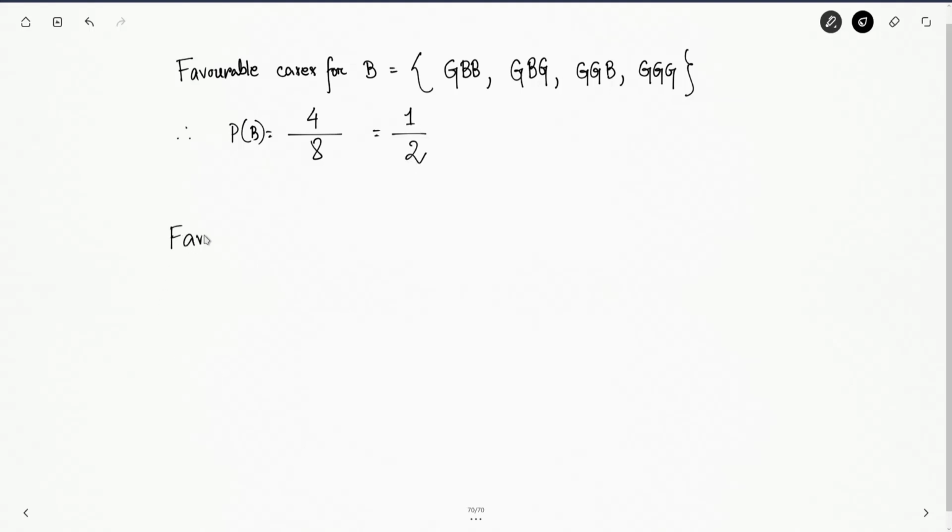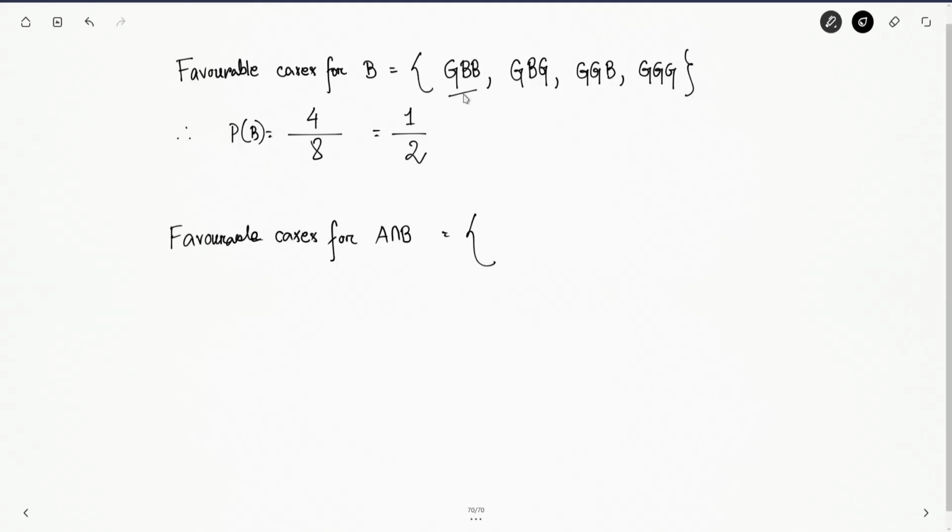Next we have favorable cases for A intersection B. Now what is A intersection B? A intersection B is we are getting two boys and the eldest is a girl.